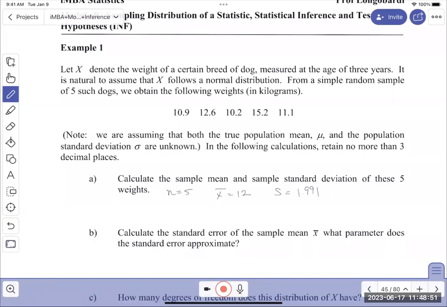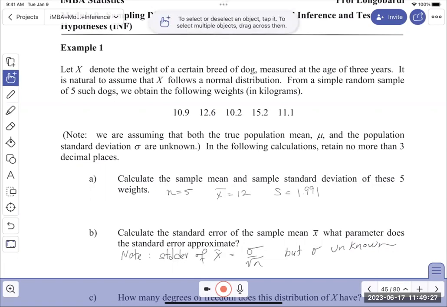Part B, calculate the standard error of the sample mean X bar. In other words, I would like to calculate the standard deviation of X bar. But because I don't know sigma, I have to use S instead.